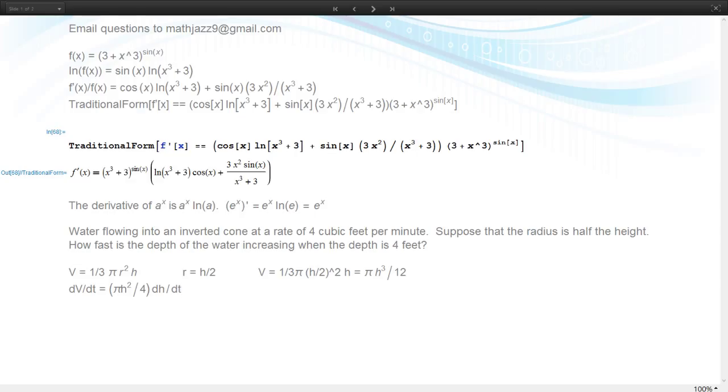So we know that at the time that we're interested in, dV/dt is 4 cubic feet per minute. The volume is increasing by 4. And we know the height, or the depth, is 4. So that's going to be pi times 4 squared is 16, divided by 4 times dh/dt.